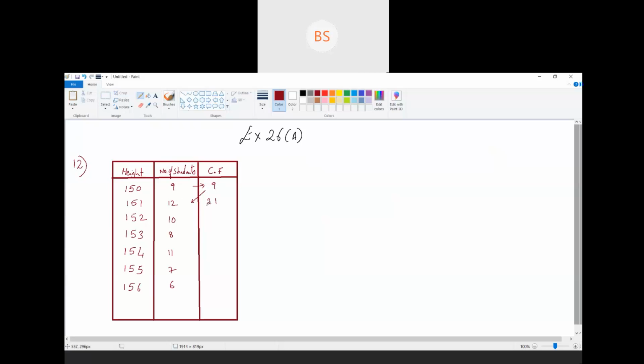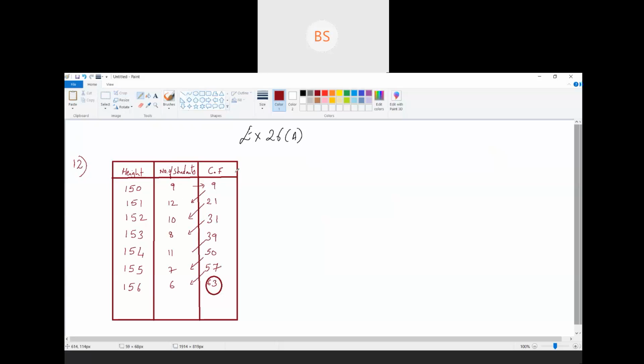So 21 plus 10, 31. 31 plus 8, 39. 39 plus 11, 50. 50 plus 7, 57. And 57 plus 6, 63. As we can see here, this value is 63. 63 is an odd number.